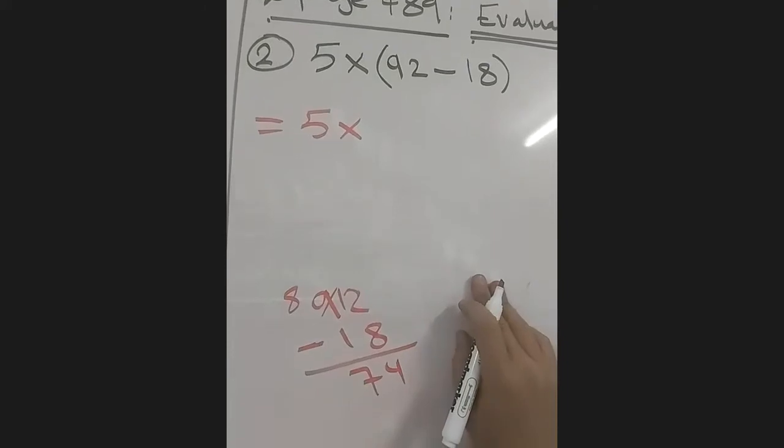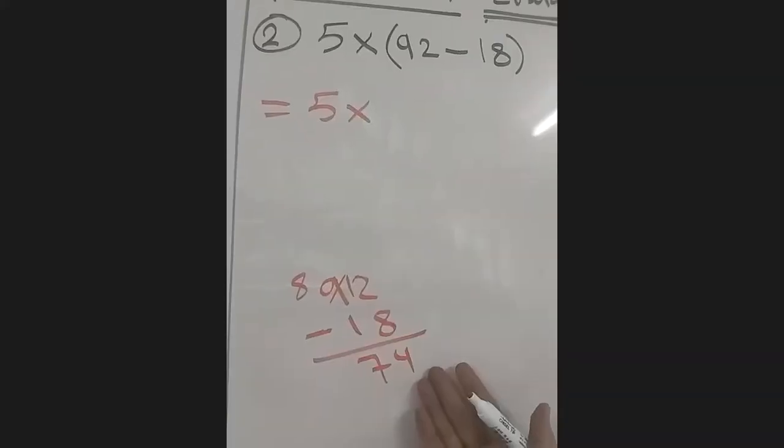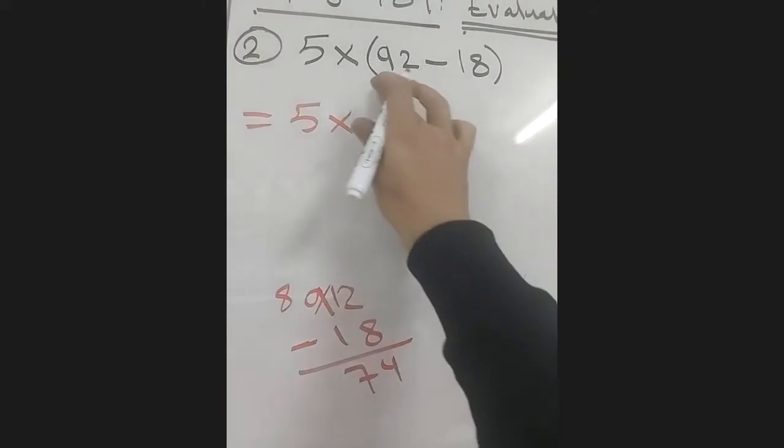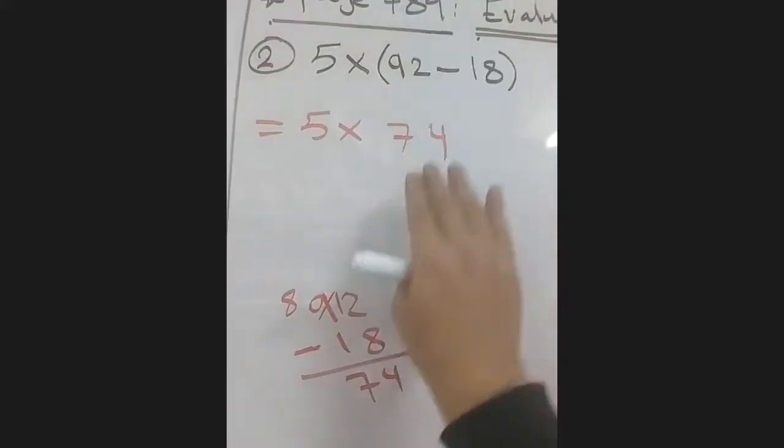Hello? 74. So in the place of the bracket, I'll put 74, right? Now we are done with the bracket, okay?